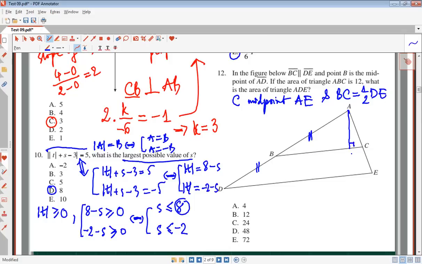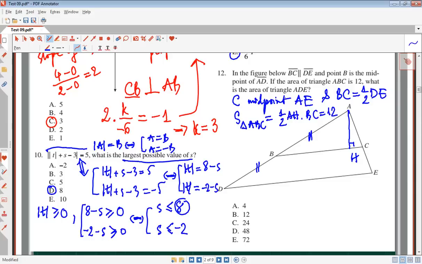Here, AH is the height of triangle ABC. From the information in the question, the area of triangle ABC equals 1 second AH times BC equals 12.